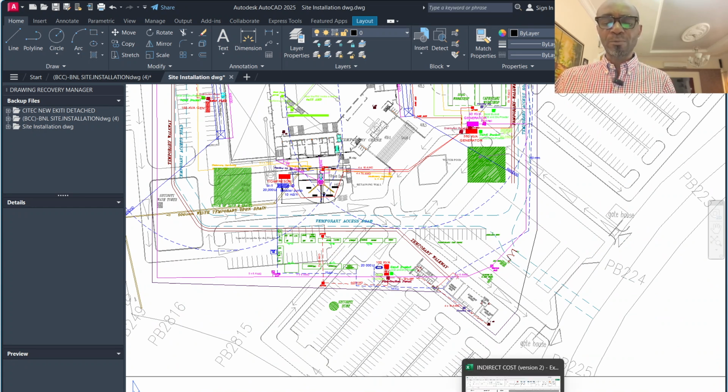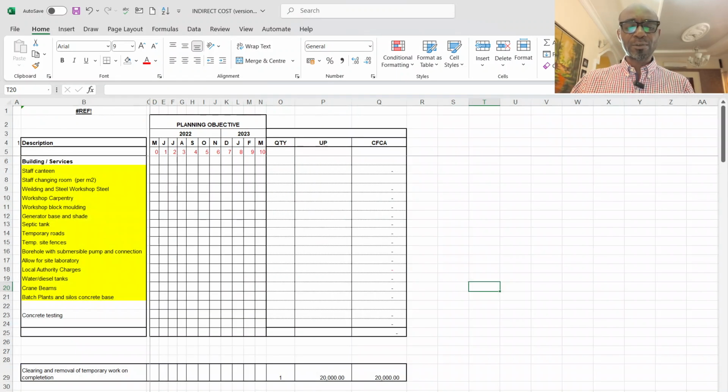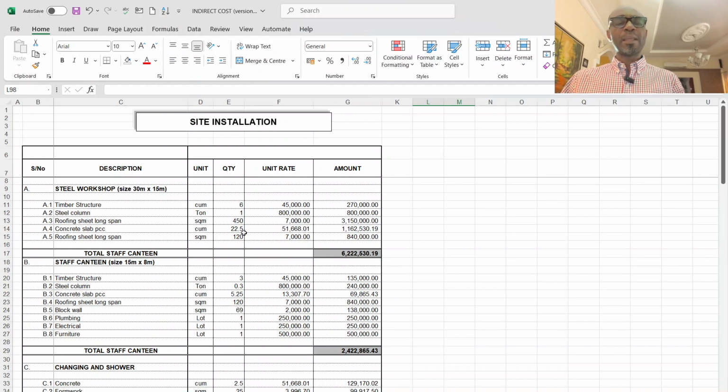Then I take us to the bill, and you see I detailed it as order installation. And so in this aspect, what you need to calculate now is you have drawings for each of the temporal works that have been marked that will be on site.